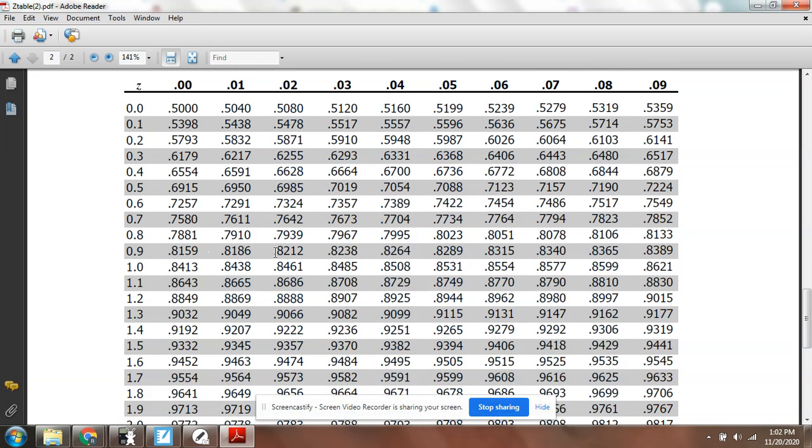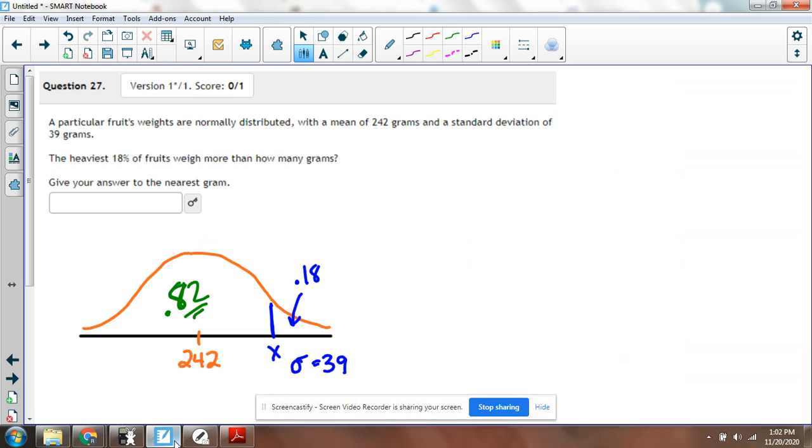So when I get around here, 81.86, that's about 14 away, and this is about 12 away. So it looks like it's right between these two. 82% is right between these two values. So that's going to give me a value between 0.91 and 0.92. So that's going to be 0.915.